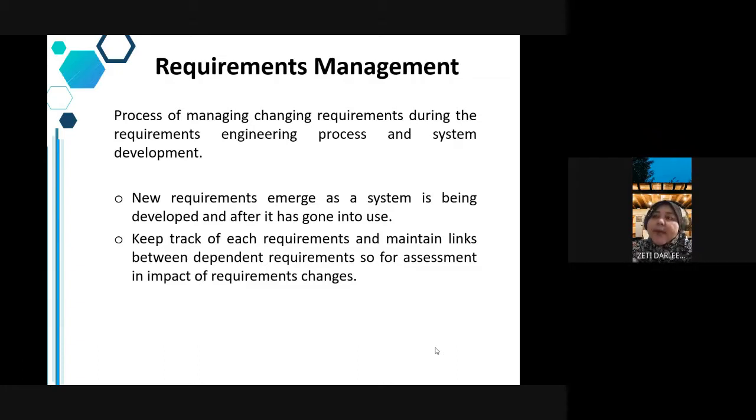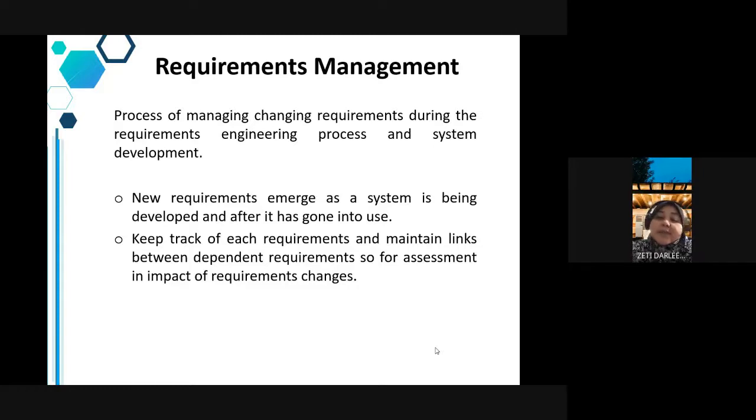Ada beberapa perkara yang boleh berlaku tanpa kita plan lah, tanpa kita control. Okay, so bila itu berlaku, it mungkin memerlukan some sort of changes in the requirements. Okay.